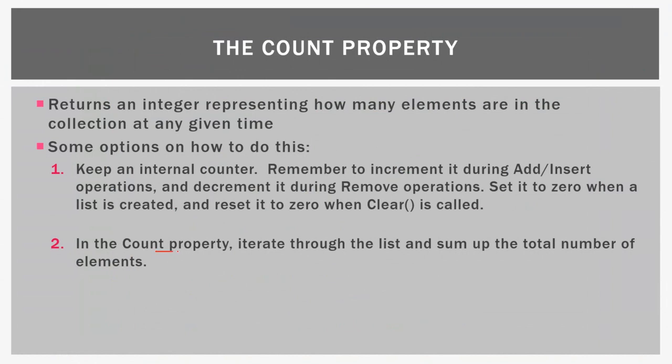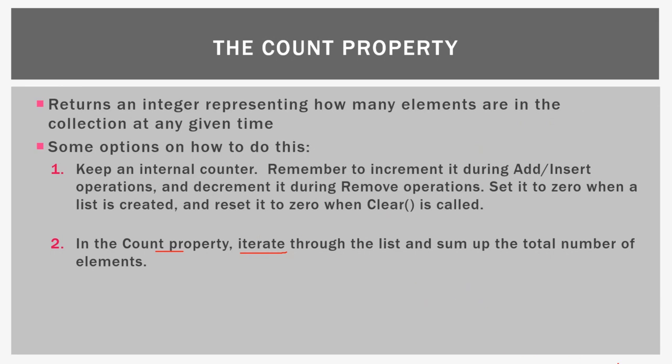The second option, in the count property itself, we can perform something similar to what we just did in the item operator, which just iterates through, moves to .next, and counts the number of elements dynamically on the fly. So depending on what the size of your list is going to be, if you have like 8 million items in your list, then number 2 probably isn't the way to go, because just doing the loop would take up valuable time and power.